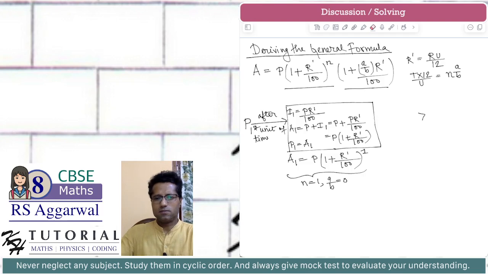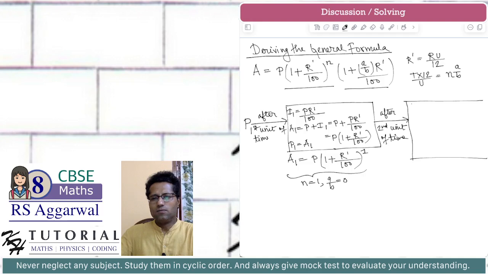Let's see, I'm running out of space. After the second unit of time, that is after another complete unit of time, we will again do the calculation of the interest.